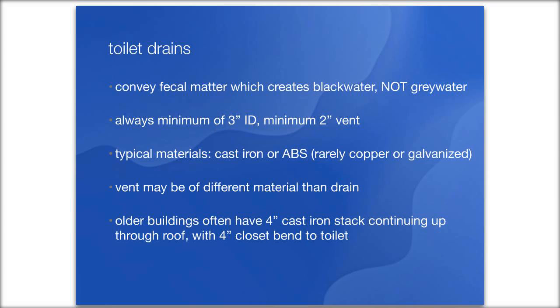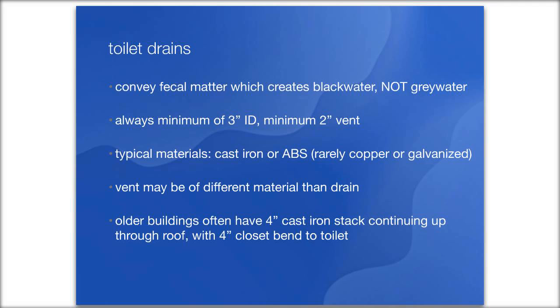That should protect you from ever cutting into a black water line. Typically, toilet drains will be cast iron or ABS. It's very rare to see a 3-inch copper or galvanized pipe, just because it's unwieldy to work with and more expensive to use such large pipe in that material.